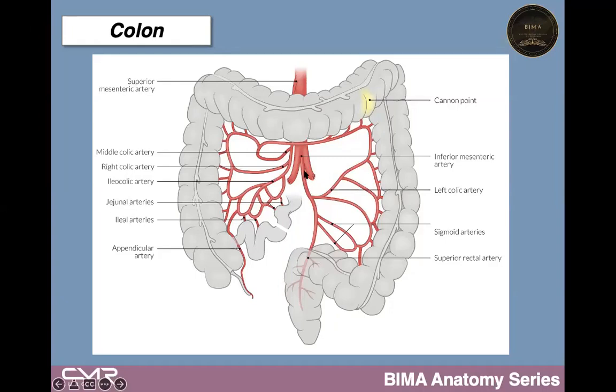And the inferior mesenteric artery is coming from L2 to L3. So the superior mesenteric artery is giving off a couple of branches. So you have the middle colic artery here. And then the right colic will be supplying the entire right side of the bowel.